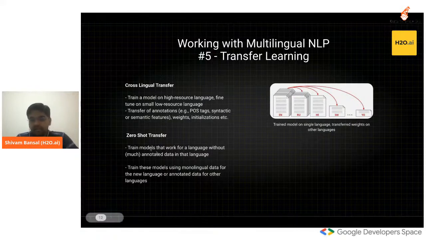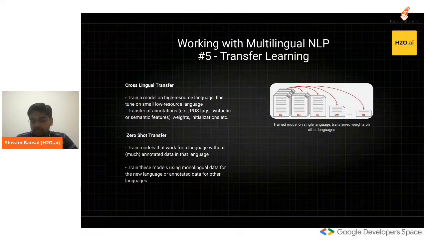There is another idea of zero-shot learning or zero-shot transfer, where we focus on models that work well for a language where we don't have enough annotated data, and still work well for examples which were not part of the training data, or did not have any similarity within the training data.